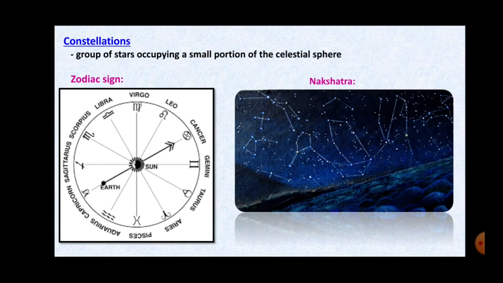Now a nakshatra is known by its brightest star, and it is called the Yogtara. Now which nakshatra we can see during a sky watch depends upon the position of the earth along its orbit.